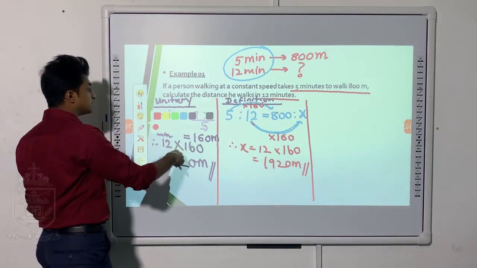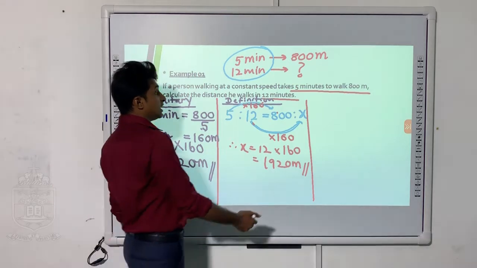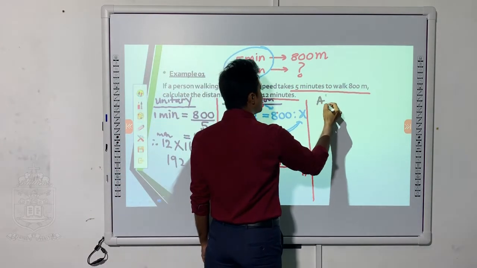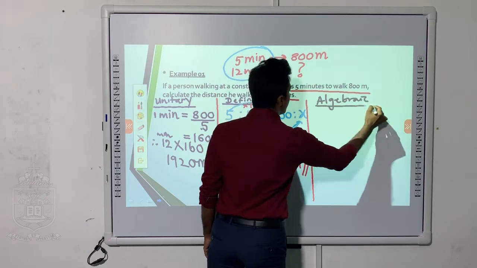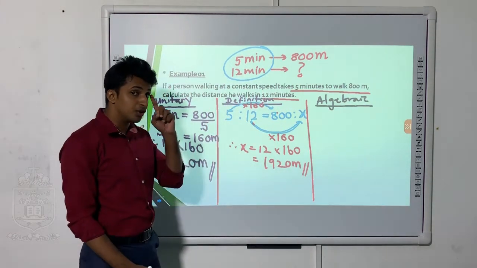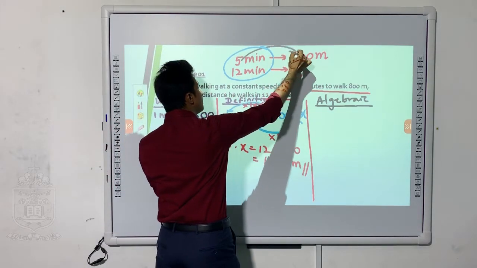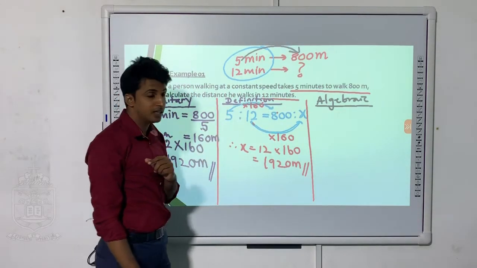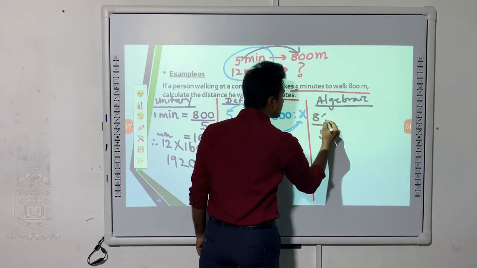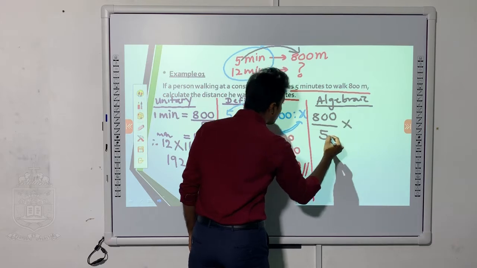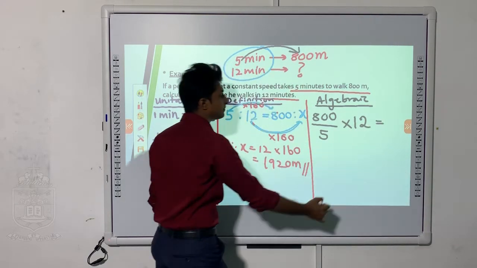Let's take the other method, the third one, the algebraic method. The algebraic method is short and easy, but you have to look carefully. For 5 minutes, if it is 800 meters, then for 12 minutes, how much?